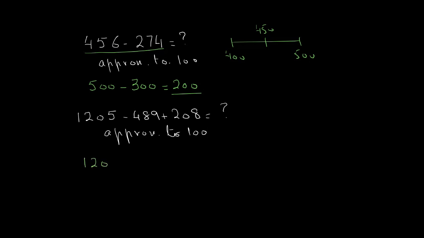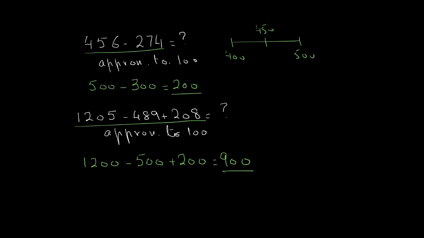Then 489 approximated to the nearest 100 is 500, and 208 approximated to the nearest 100 is 200. So 1200 minus 500 is 700. 700 plus 200 is 900. So our approximation of this number is equal to 900.